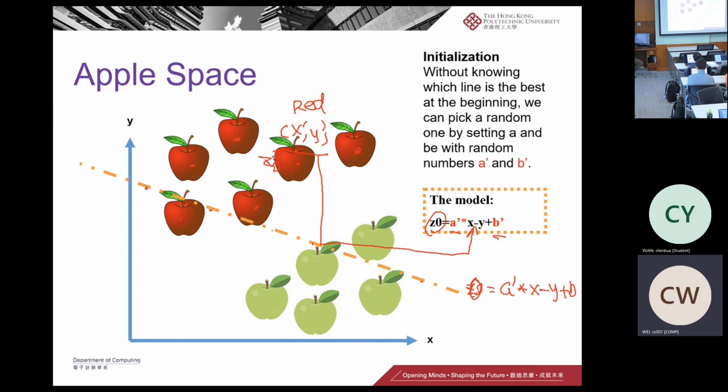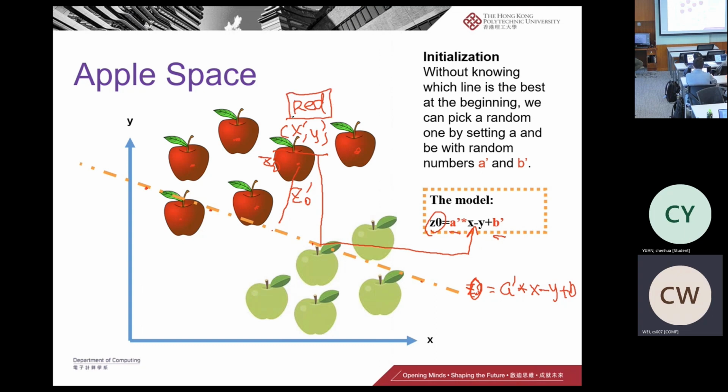Right now, for this point, you will have a z0. Let's mark it as z0 prime. So then we can compare this z0 prime to the expected label, meaning this is the label, red.